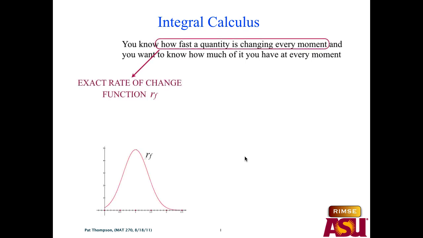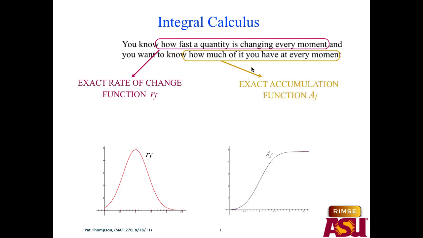So what we did is we started at an exact rate of change function, and to progress from there, to start figuring out how much of something we have, we used our tools of constant rate of change, which would be easy. Unfortunately, most things don't change at constant rates all the time for all independent quantities. So I want to know an exact accumulation function.